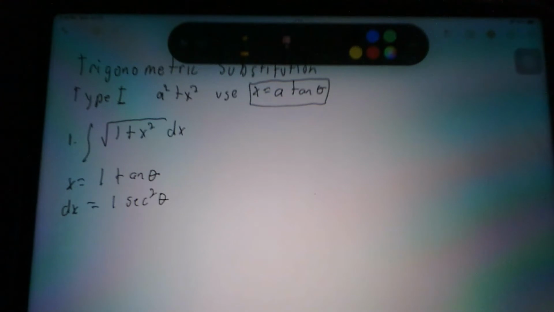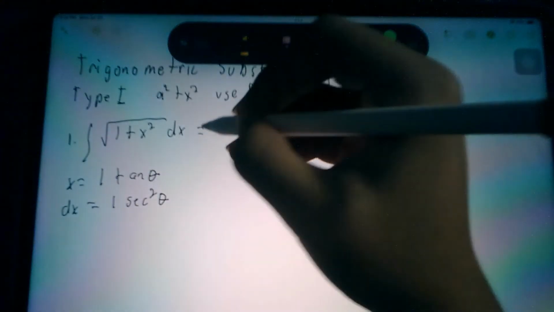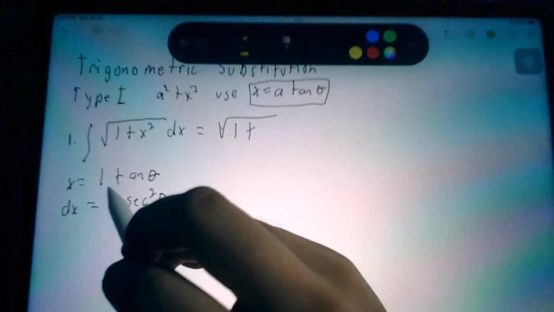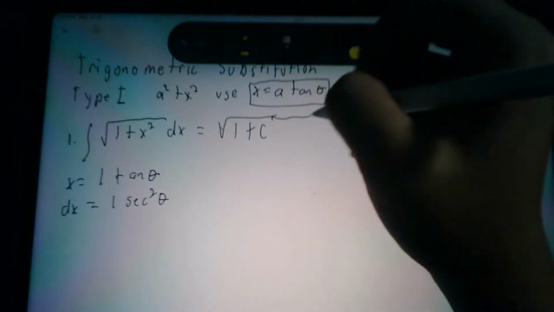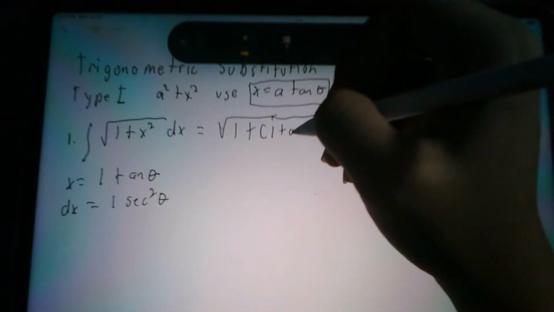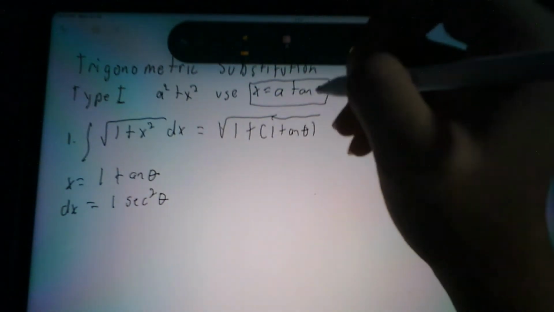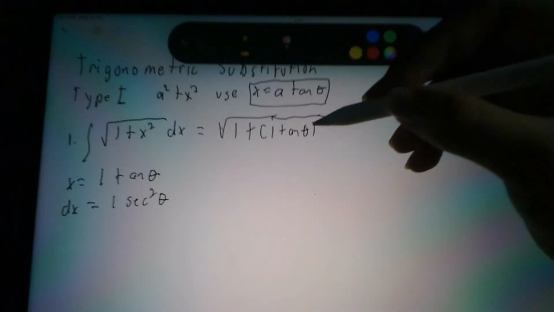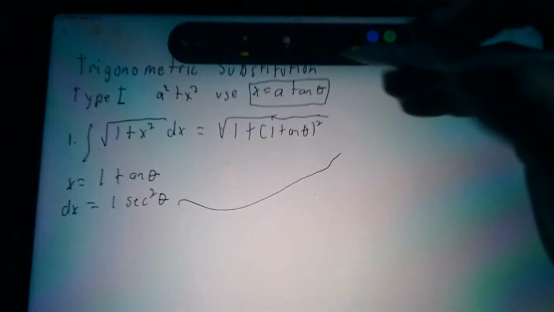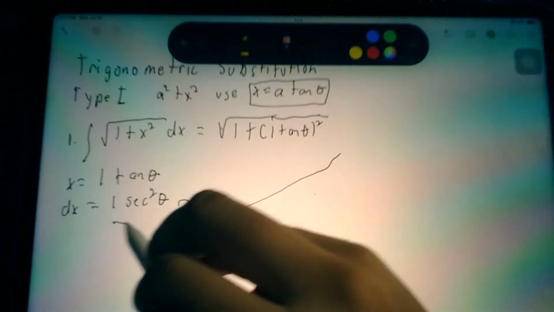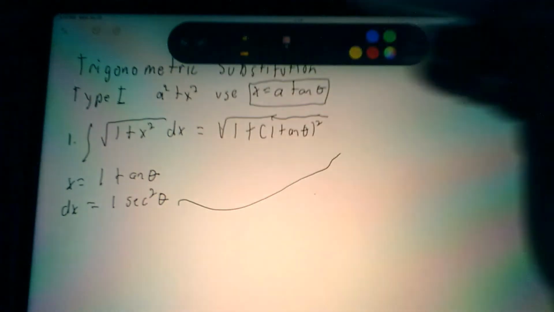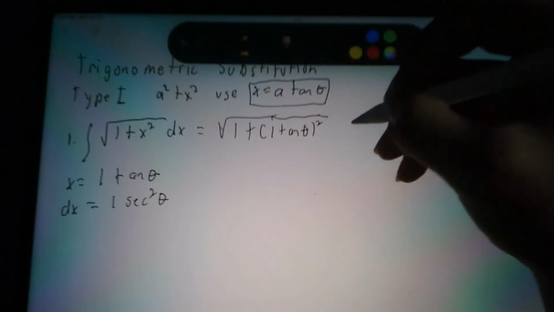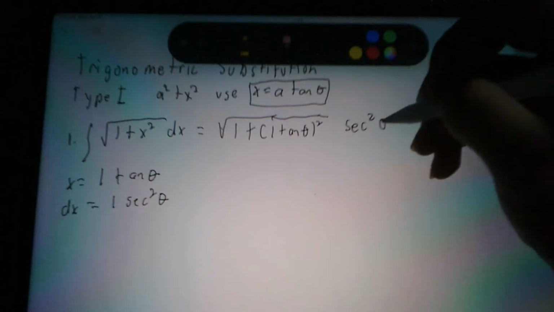So now we have our values here, so let's rewrite this equation: the square root of 1 plus x squared is just 1 plus tangent squared theta, and we substitute our dx to its value, which is 1, or simply secant squared theta d theta.